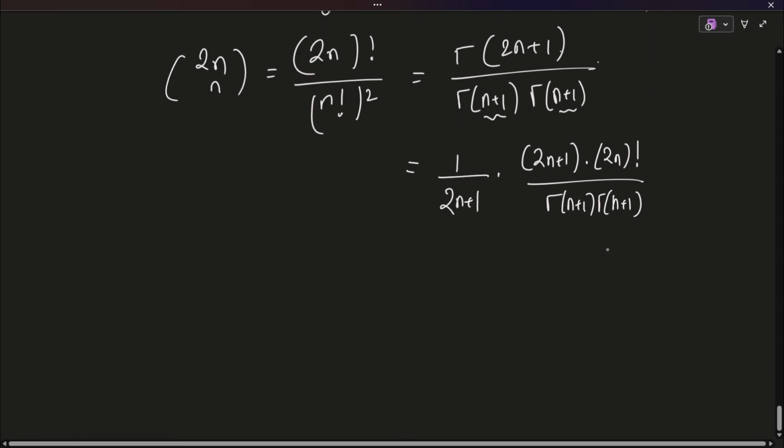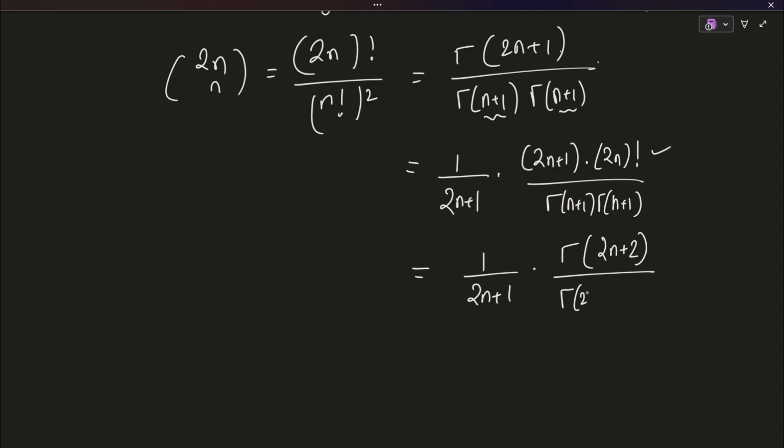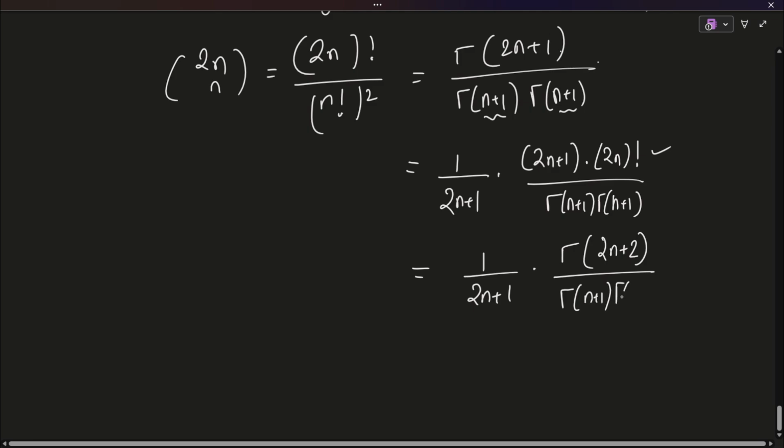Now 2n plus 1 into 2n factorial in the numerator turns to 2n plus 1 factorial. So we have 1 by 2n plus 1 into gamma of 2n plus 2 divided by gamma of n plus 1, into gamma of n plus 1.